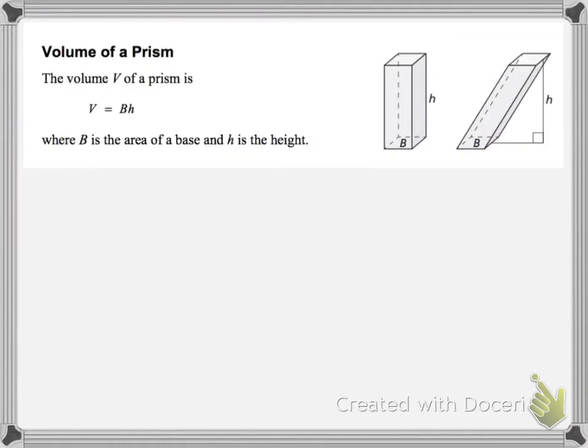So how do we find the volume? The volume of a prism is equal to big B times H, where B is the area of the base, and H is the height. And again, it's that perpendicular height, that 90-degree angle height. And I've been stressing all year about using the correct uppercase and lowercase.